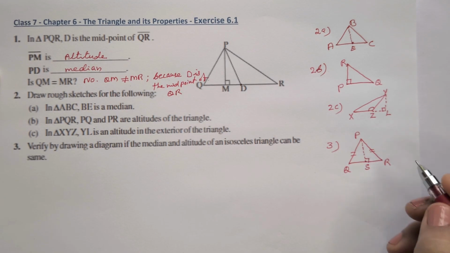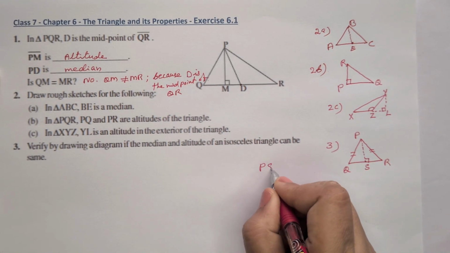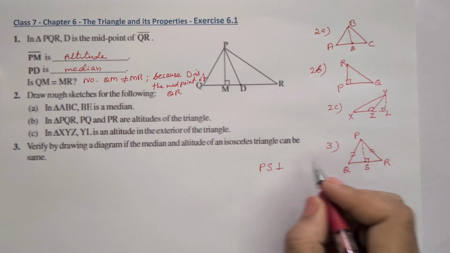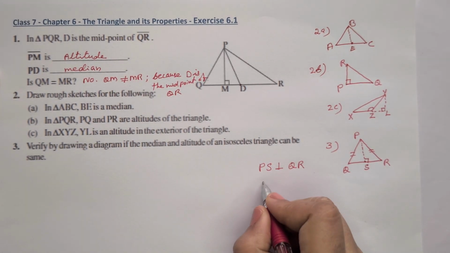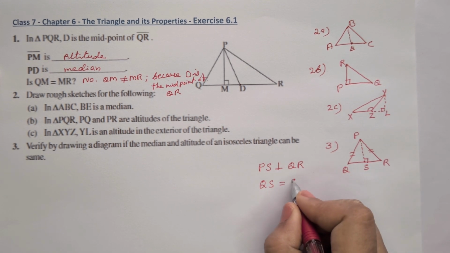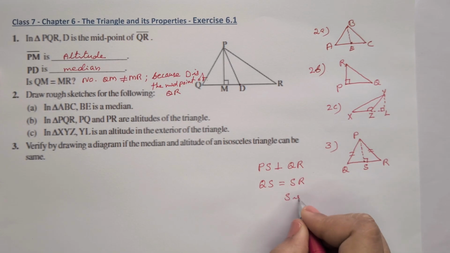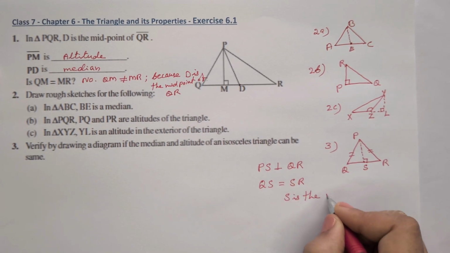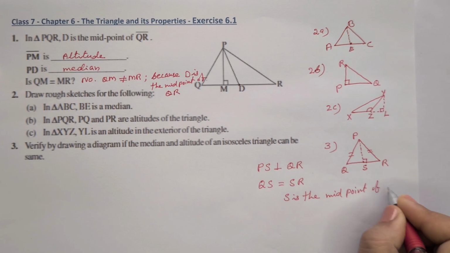So here we can write PS is perpendicular to QR, that means altitude. Again, QS is equal to SR, S is the midpoint of QR.